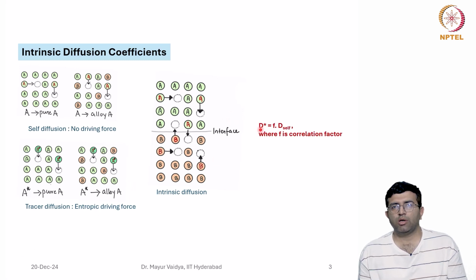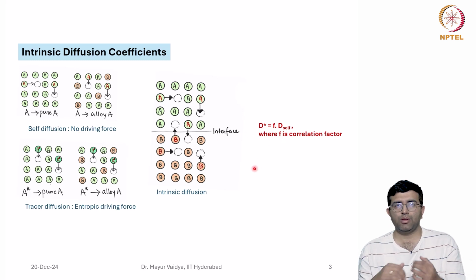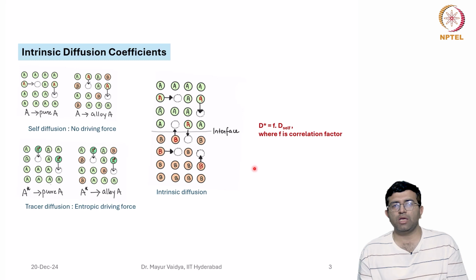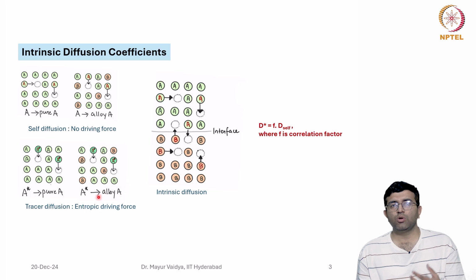Just to recap, the tracer diffusion and self diffusion are related as D star equals f times D self, where f is the correlation factor. And subsequently, in the next lecture, we will also see how the intrinsic diffusion coefficient and the tracer diffusion coefficients are related.